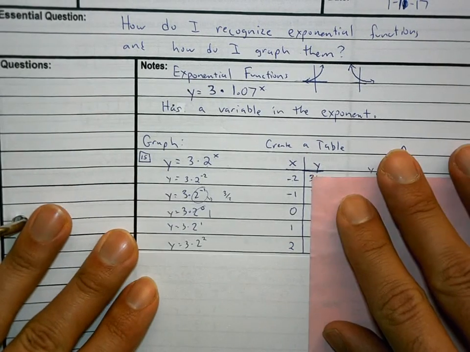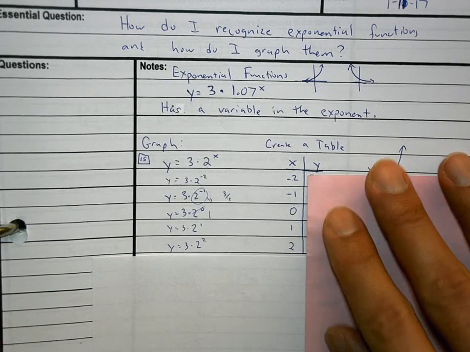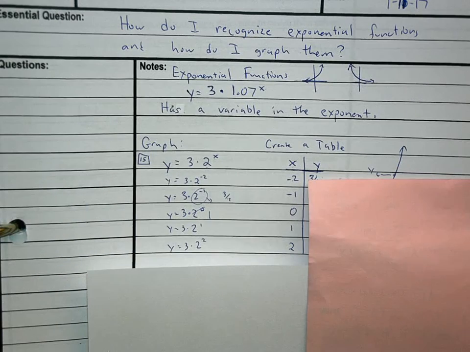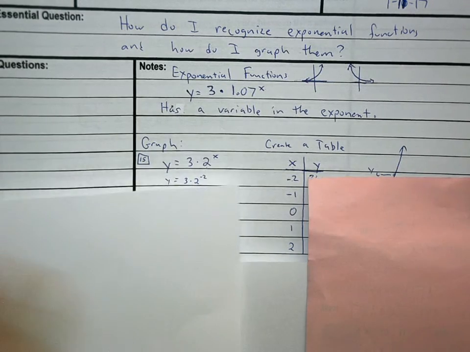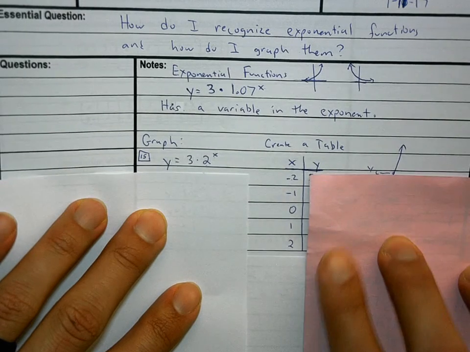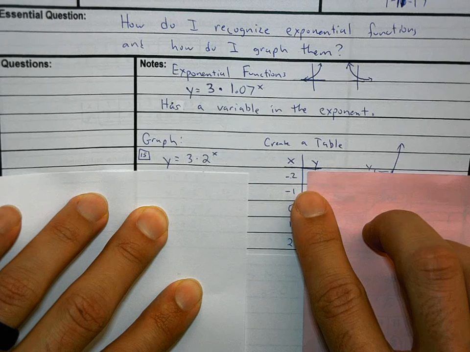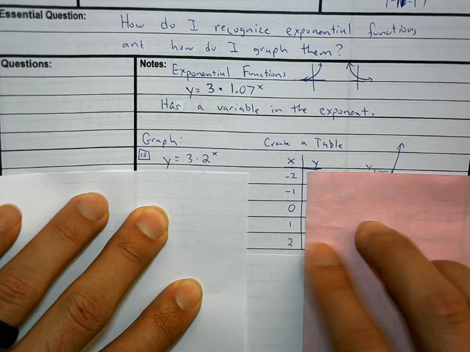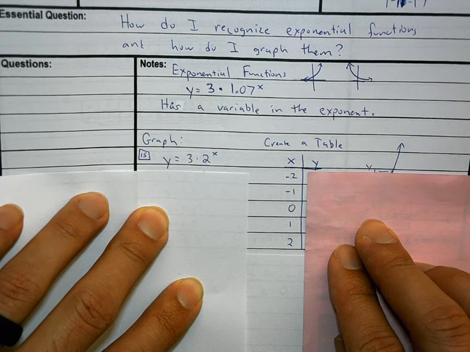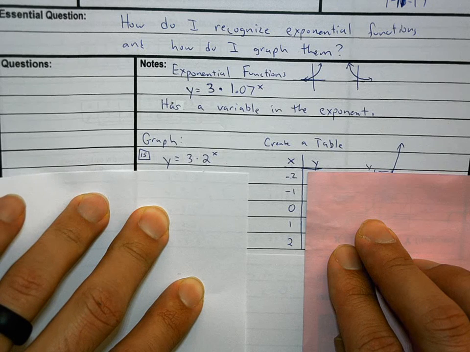Here are the 5 numbers that we're going to use. The 5 numbers I recommend you use are -2, -1, 0, 1, and 2. That will help you decide what your function is doing.